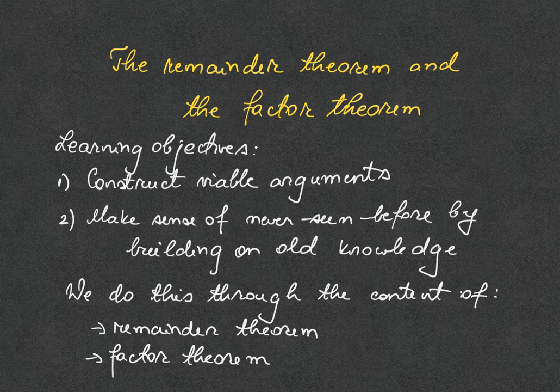So we are going to construct viable arguments, and we are going to do this by proving the remainder theorem. And then, knowing this theorem, we are going to build on new knowledge and on old knowledge and construct new knowledge. And this new knowledge is going to be factor theorem and some extended cases of the remainder theorem.